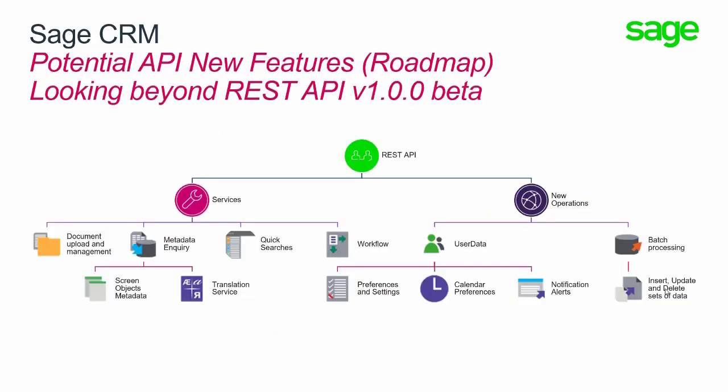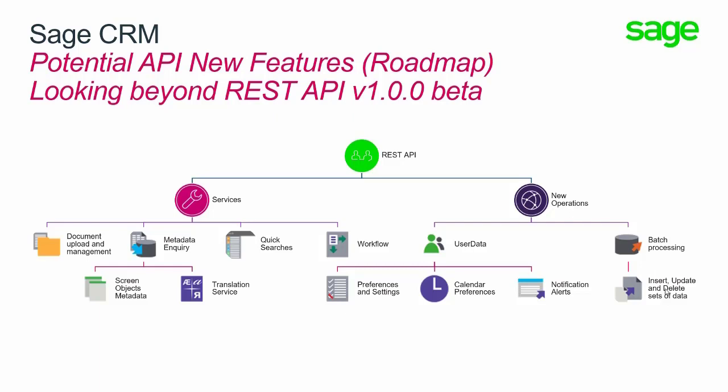But this is where we can start looking further ahead into what we hope is going to happen within the roadmap. Looking ahead and beyond our current version of the API, we want to be adding services that allow for document upload and management. We want to be able to do metadata inquiry, so you can find out the metadata for screen objects, maybe call the translation service.